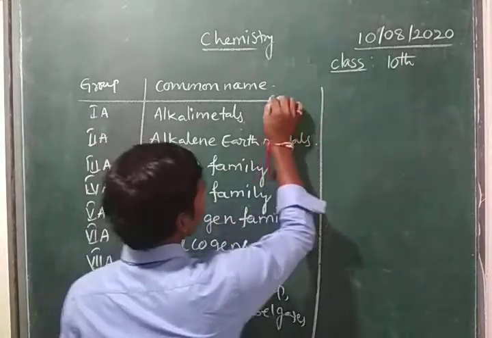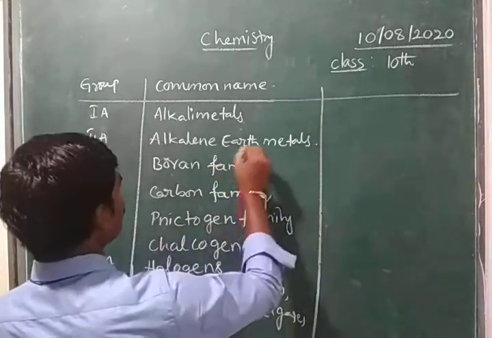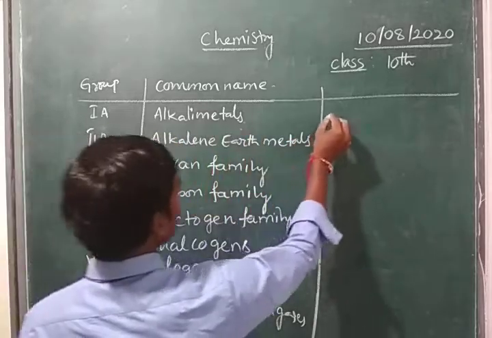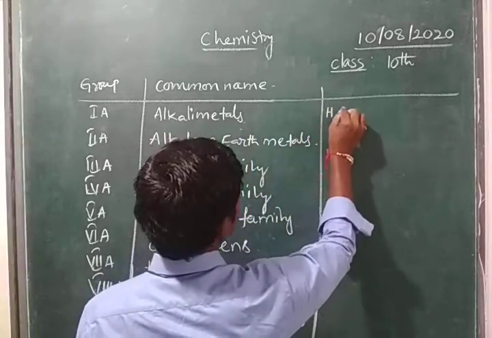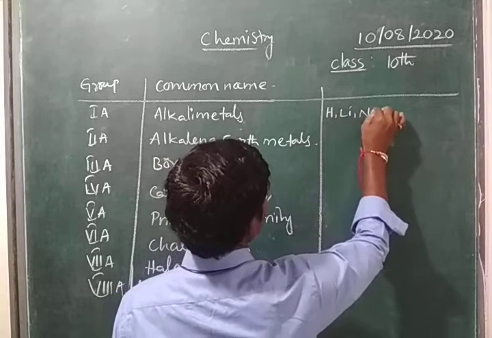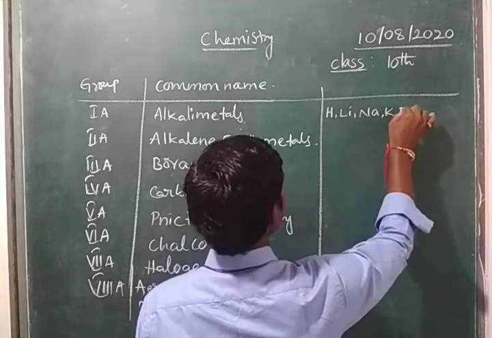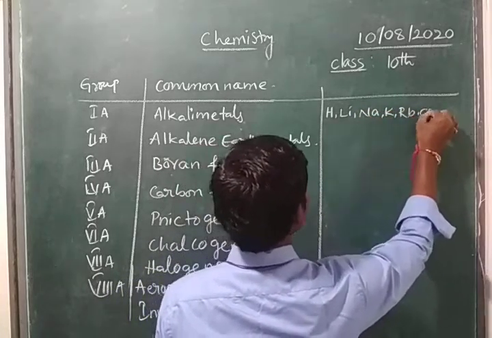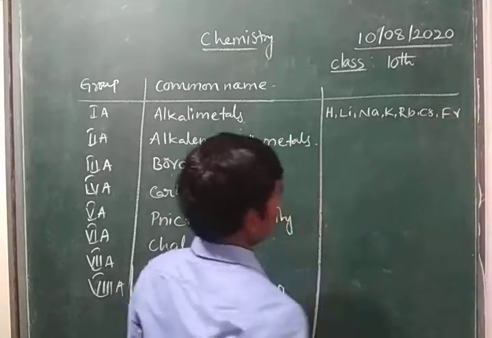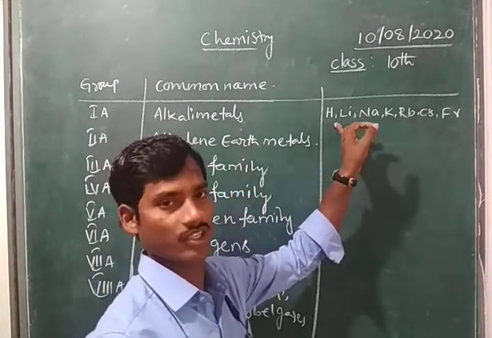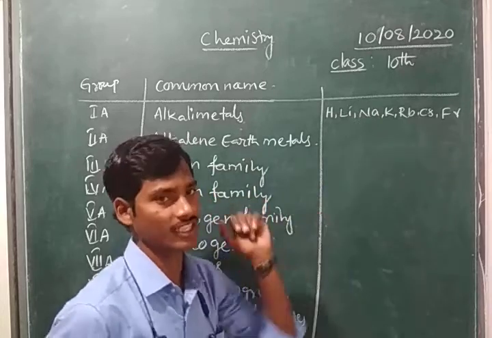Now see children, what do we have in the first A group elements? Hydrogen, lithium, sodium, potassium, rubidium, cesium and francium. Except hydrogen, the remaining are all alkali metals.